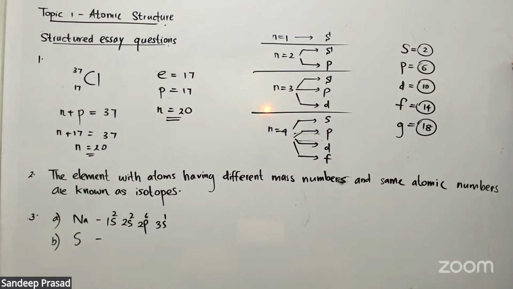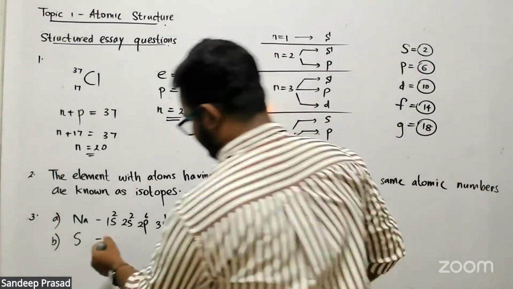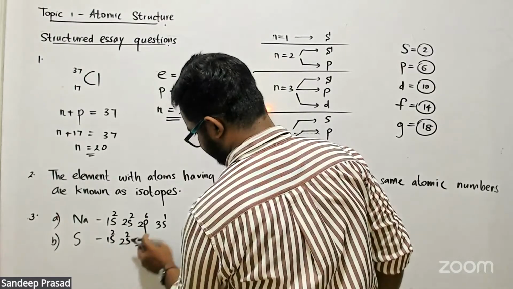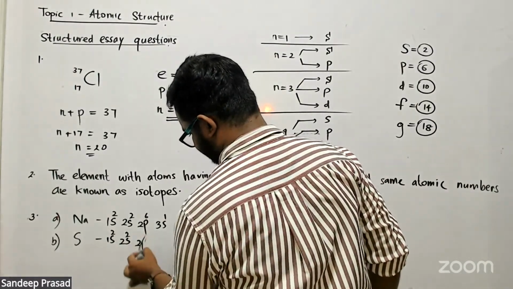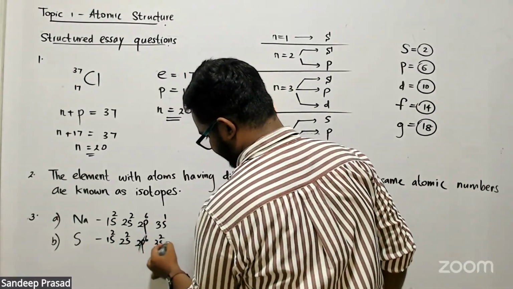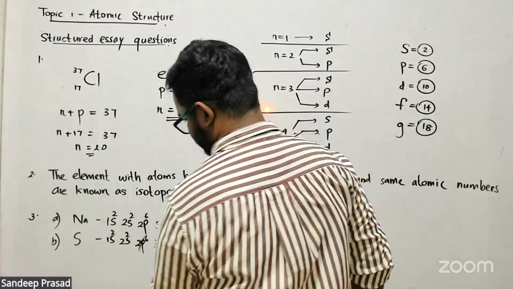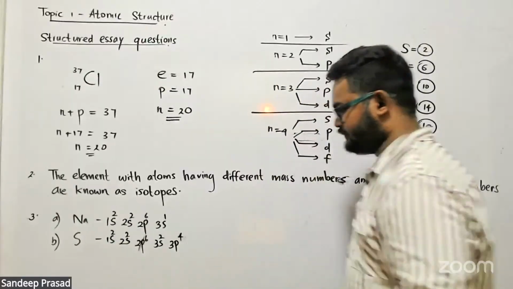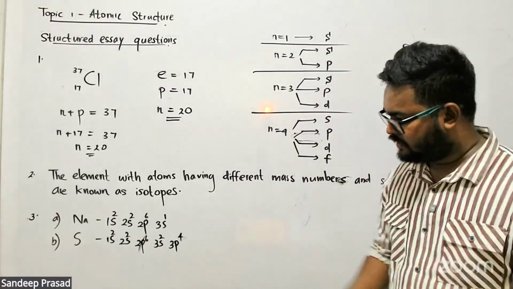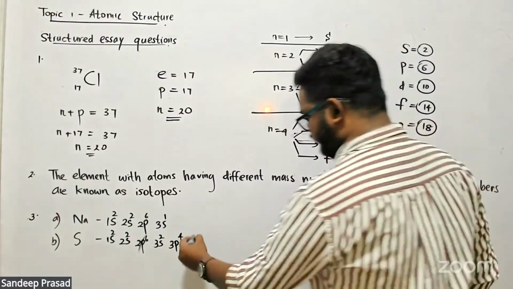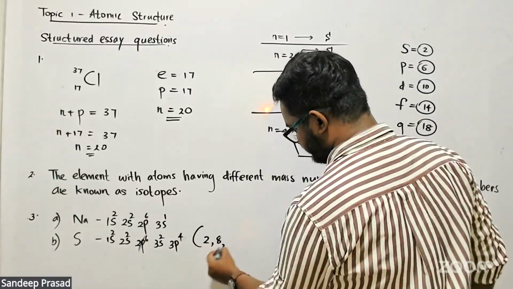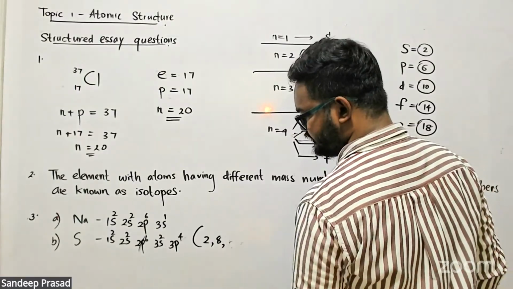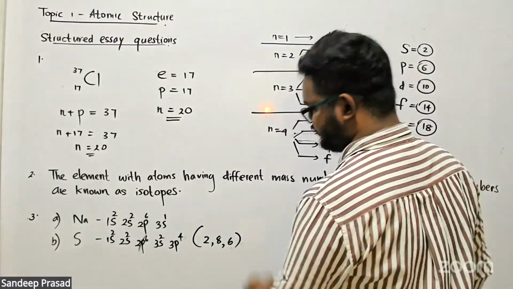Understood? Therefore, sulfur's electronic configuration is 1s2, 2s2, 2p6, 3s2, 3p4. In O-level time you write that one as 2, 8, 6.